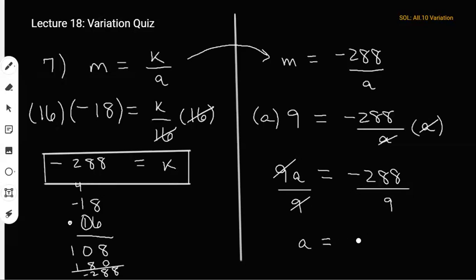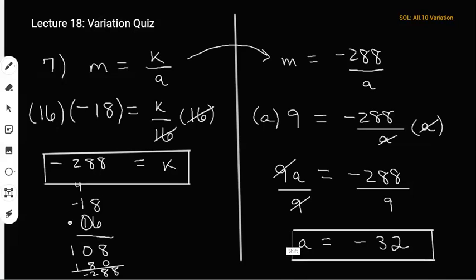When I do that, I'm going to get a negative number. I know that 9 is going to go into 28 3 times. And then 9 is going to go into 18 twice. So I get negative 32. That's going to be the missing variable.